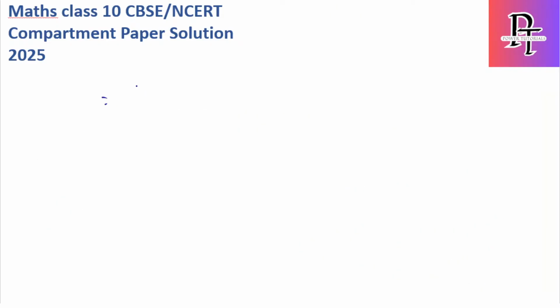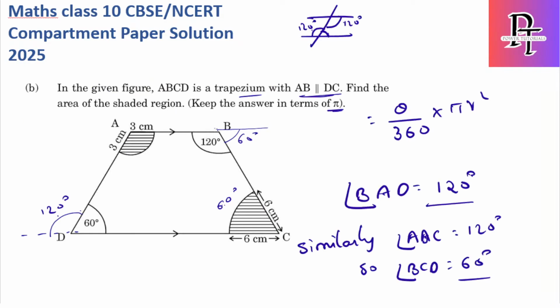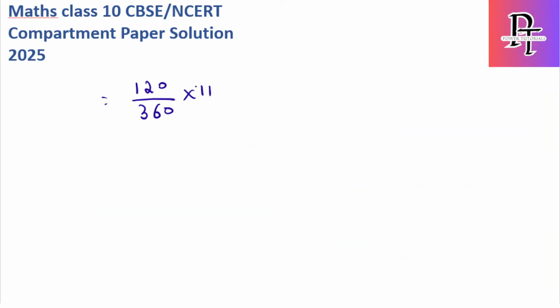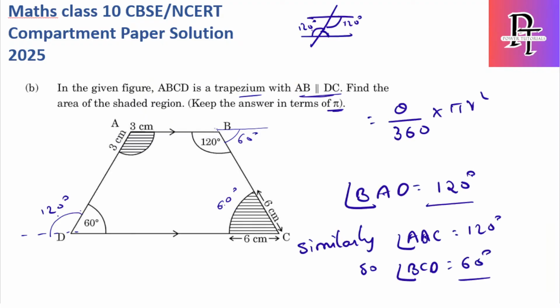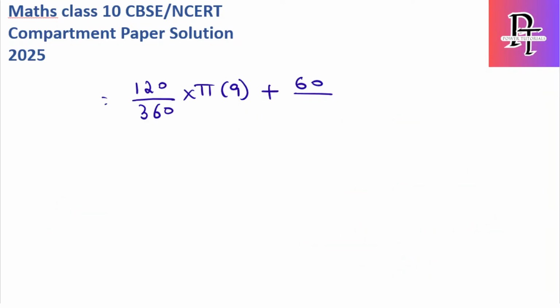So the first value is 120 by 360 into pi r square. Pi we need to keep as pi only, and the r value is 3. So this becomes pi into 9 plus theta, here it is 60 by 360 into pi into r.